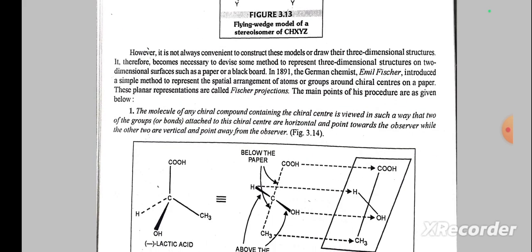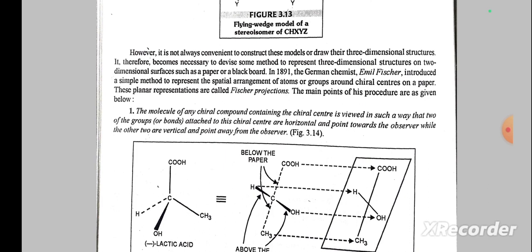However, it is not always convenient to construct this model or draw the three-dimensional structure. It therefore becomes necessary to devise some method to represent the three-dimensional structure on a two-dimensional surface, such as paper or blackboard.